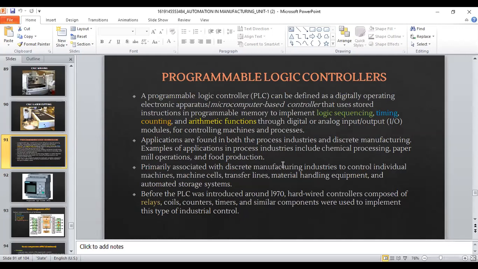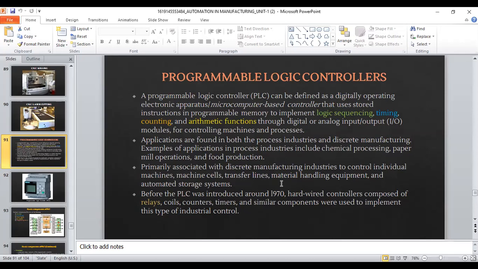Associated with discrete manufacturing industries to control individual machines or machine cells or transfer lines. This all comes under discrete manufacturing, right? So for process as well as discrete manufacturing, you have transfer lines, you have material handling equipment. Briefly, how should that guided vehicle move, which is transferring the different work pieces between workstations?